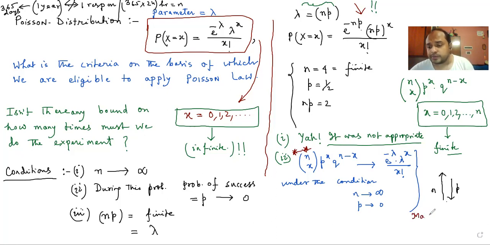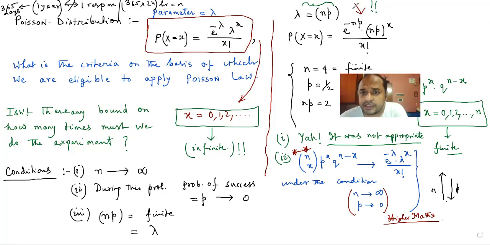It is a study for those who are pursuing higher maths, MSc or so. But remember, under these two conditions, this binomial probability tends to follow this kind of expression, and this can be proved. I have the proof with me, so if you want, I can later send you the image.